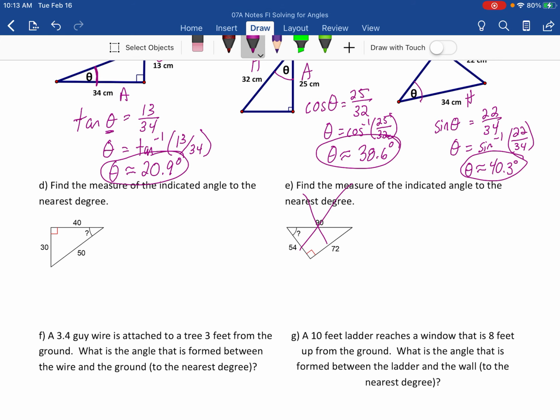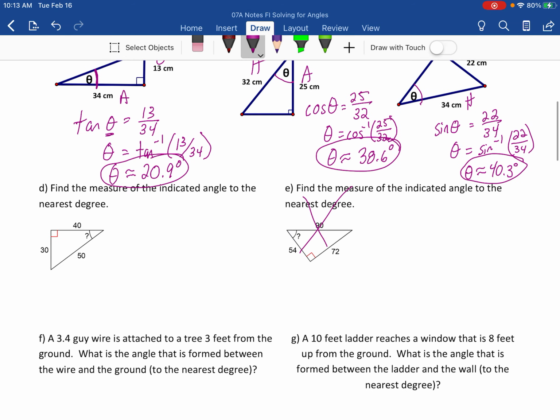So sometimes you will be given all three sides and you just pick your favorite trig ratio. Okay, I'm actually not going to do this one. I'm just going to do this one over here. So I'm fond of sine. I don't know why. This is my opposite and this is my hypotenuse. So I'm going to say the sine of my angle is equal to 30 over 50.